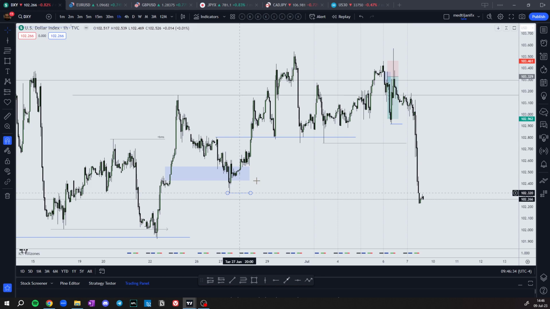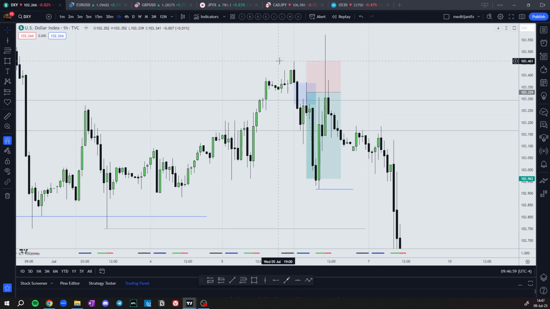This is why taking partials is very, very important in trading. You're going to take your money when the market has offered you that. Then you're going to move your stop loss to break even, or maybe leave it here, based on your risk management model.